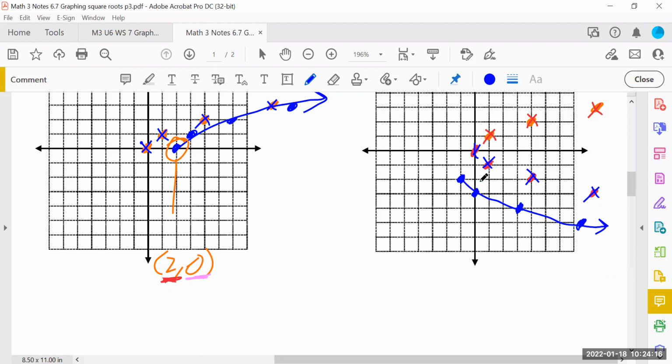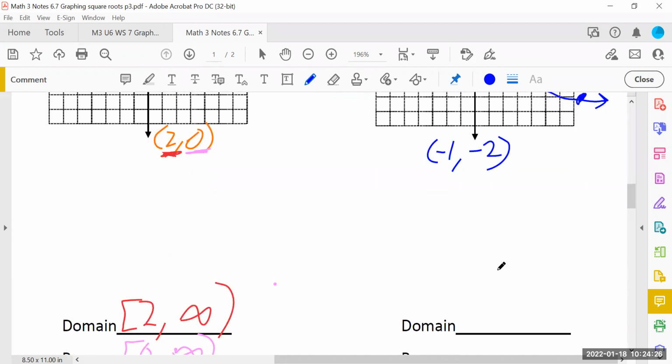Let's get the domain and range. Domain, that starting point there is -1, -2. So that means my domain is -1 to infinity. Wait a second, we've got a problem with the range though. Normally it's -2 to infinity, right?